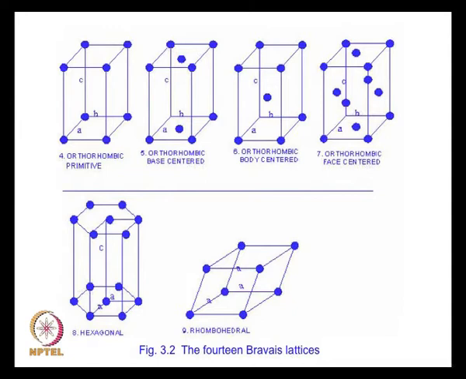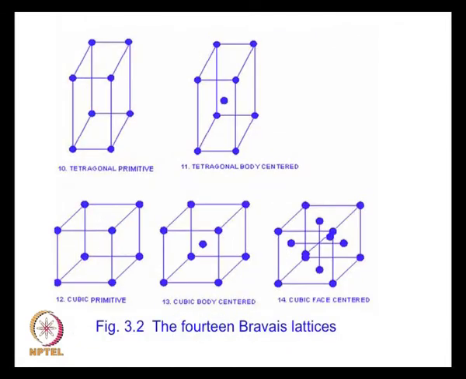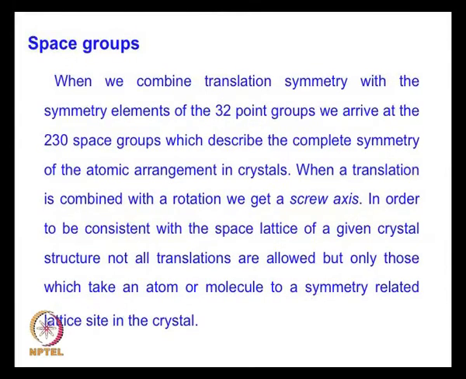Then you have a hexagonal and a rhombohedral lattice. We then come to tetragonal primitive and tetragonal body centered, as well as, as I already said, cubic primitive, cubic body centered, and cubic face centered. So, these are the 14 lattice types.